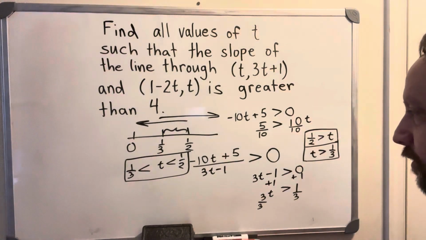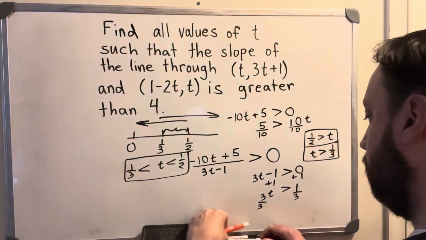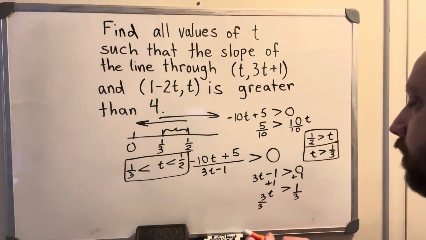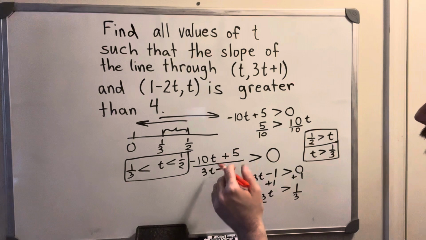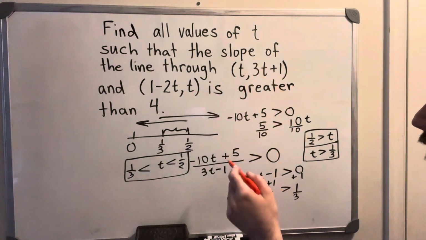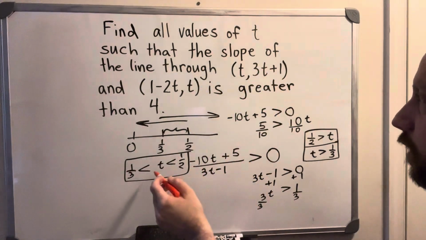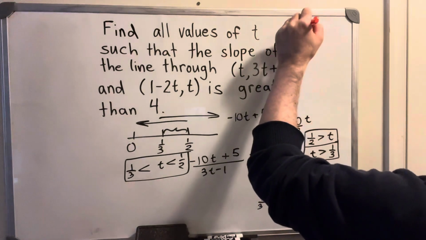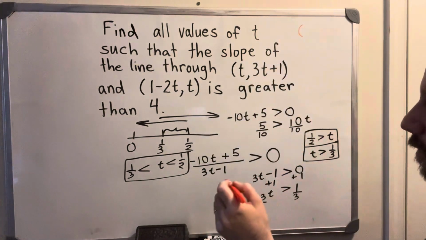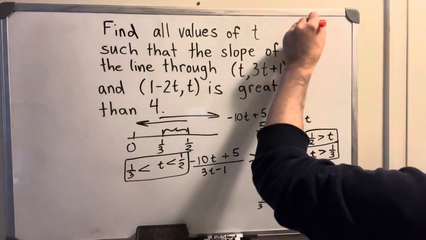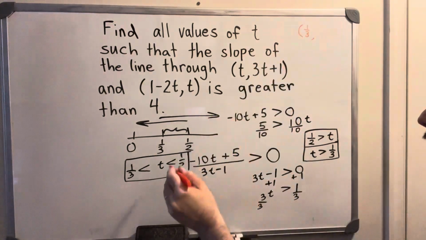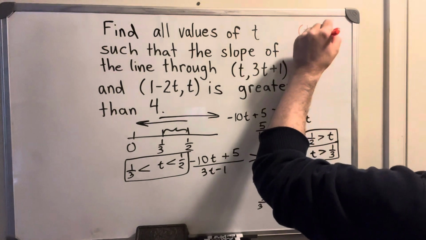We haven't looked at both negative yet, but because this was built off of the original slope being greater than 4, we know that one solution is an open-ended boundary of 1/3 and 1/2.